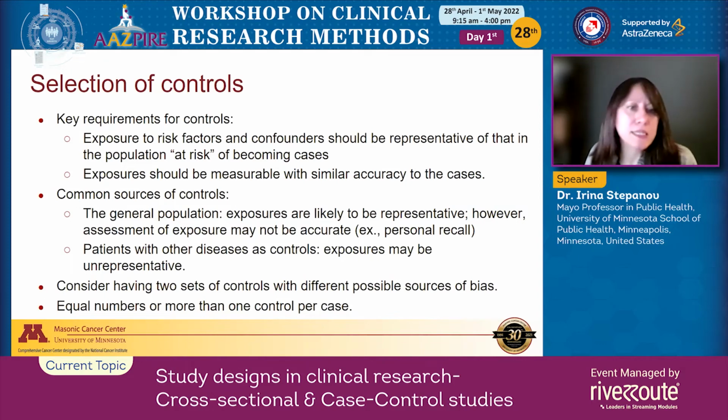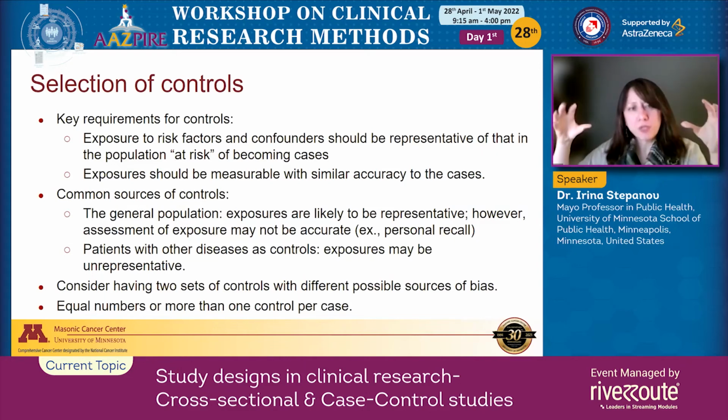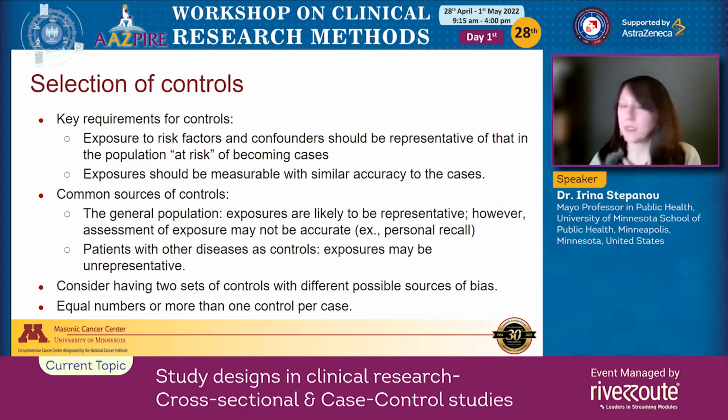And another point on selection of controls is that you want to have either equal number of controls per each case, or occasionally, as for example, for some rare diseases where sample size is very small for your cases, you may want to consider having more than one control per each case. In this case, matching can become a little bit problematic because you need a large pool of controls in order to match 3 controls for each case disease state.